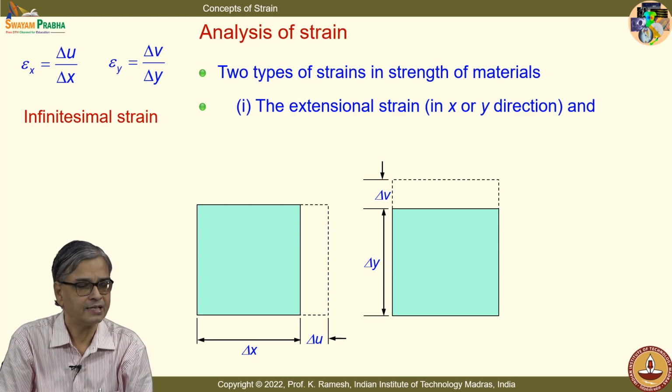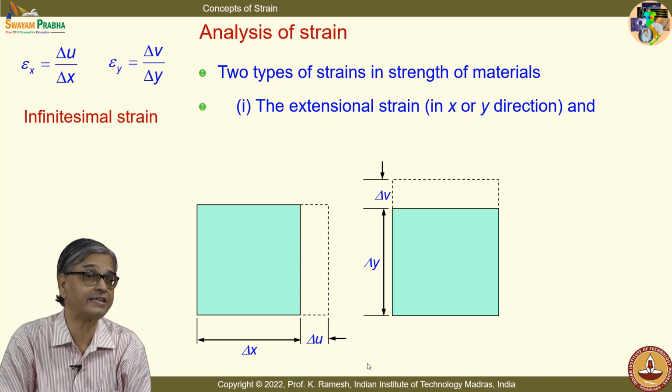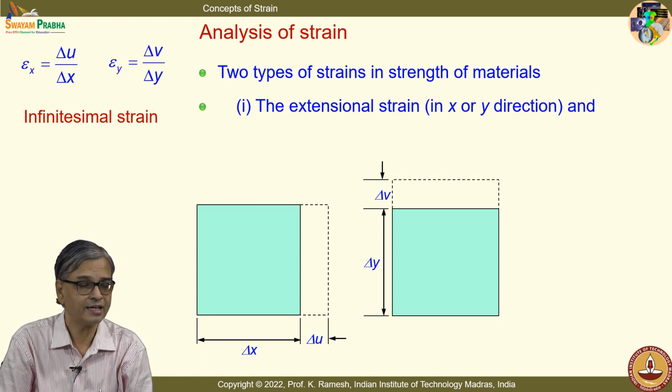And you have the extensional strain in the y direction, and we have shown it in such a manner that there is no lateral contraction. In fact, this happens in certain types of material. In the case of cork, it does not have any lateral strain. It's very interesting to see. And these are all infinitesimal strains.